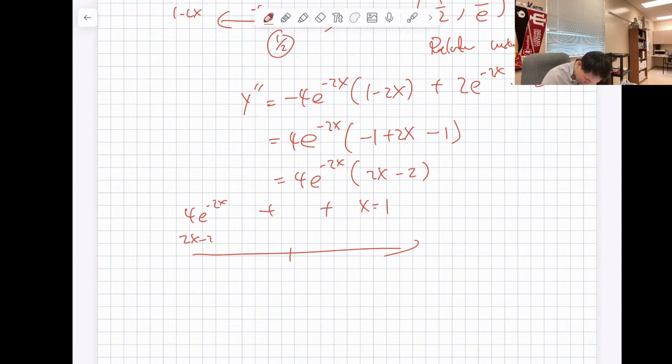So positive, positive, and then negative, positive. So x equal to 1 is the inflection point. And if you want to be extra, then it's going to be 1 comma 2e to the negative 2, 2 over e squared.